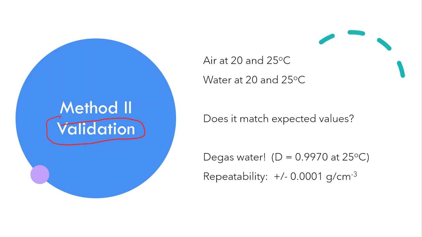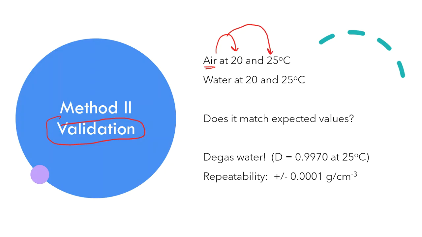Not necessarily a calibration, because a calibration is making adjustments on the machine to make it read what you want it to read. This is more of validating the data. So validation is happening here. So what's happening is that we will inject normally air, and air will be injected at 20 and air will be injected at 25.